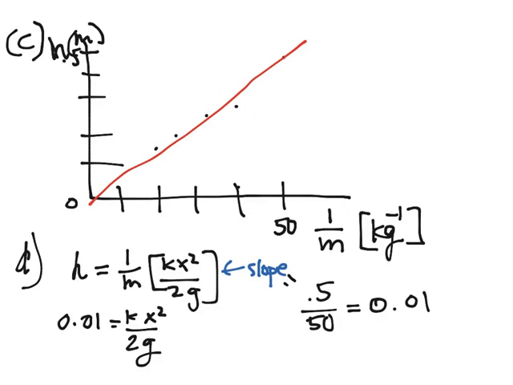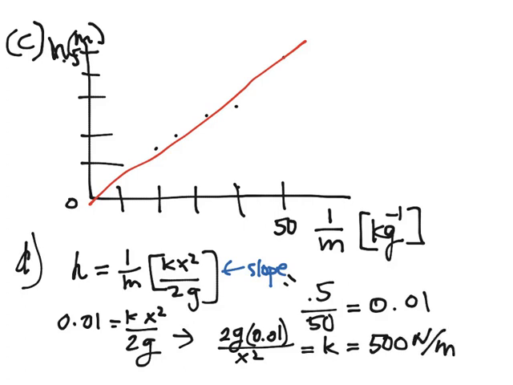Solving for k, I have 2g times 0.01 divided by x squared is equal to k. From the problem statement, I know that x is 0.02, and when I plug in 0.02 for x and 10 for g, I end up with a k value that is about 500 newtons per meter.